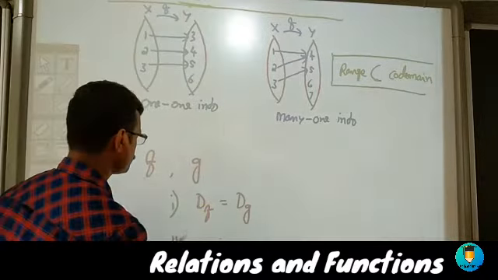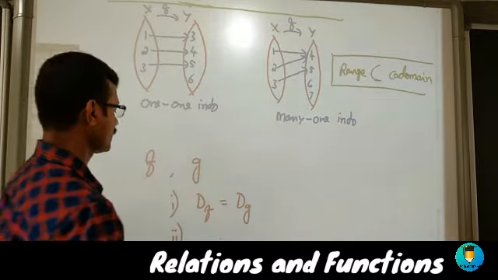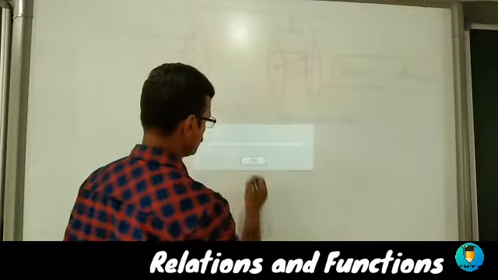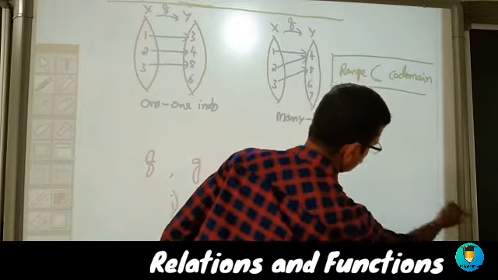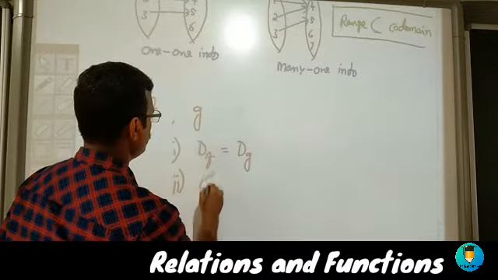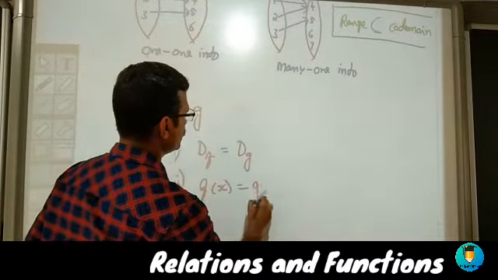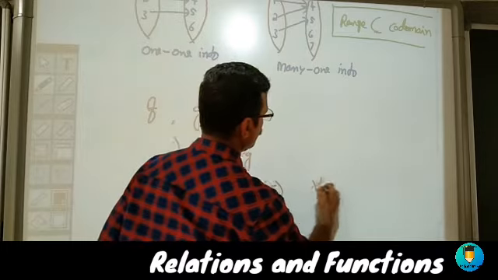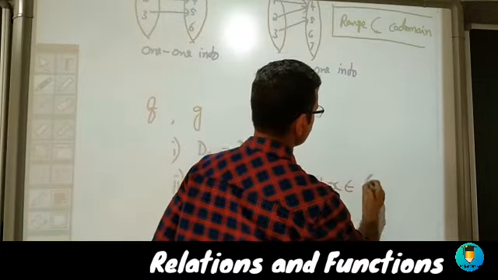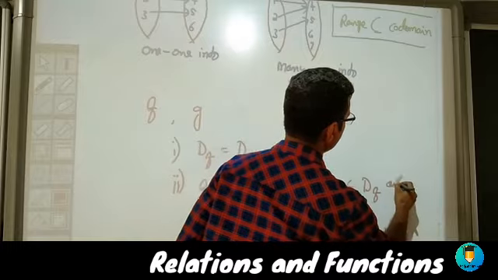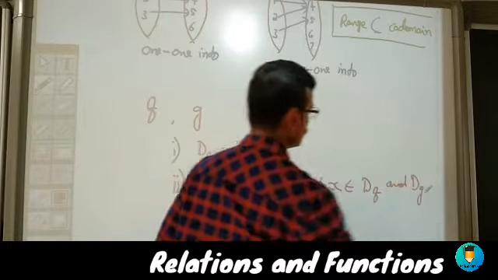And number two, f of x is equal to g of x for all x belongs to the domain of f and domain of g.